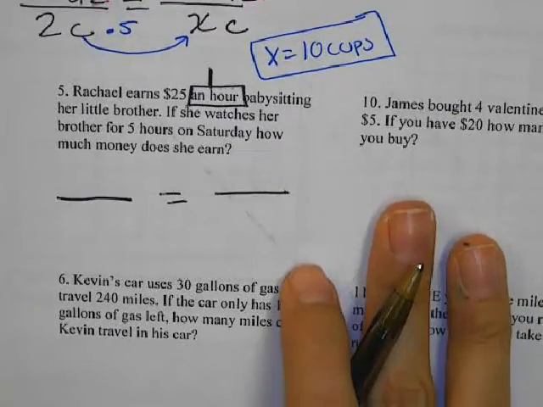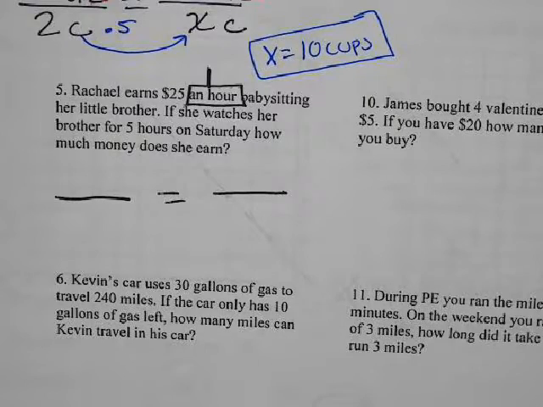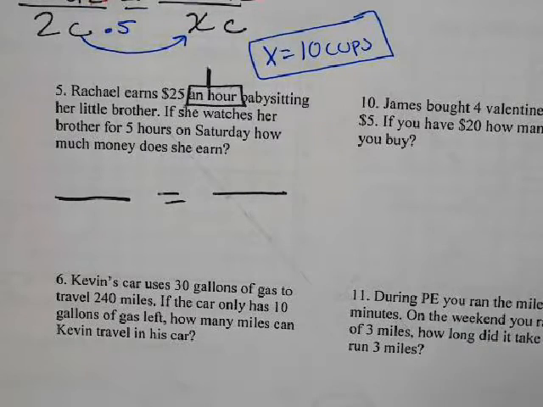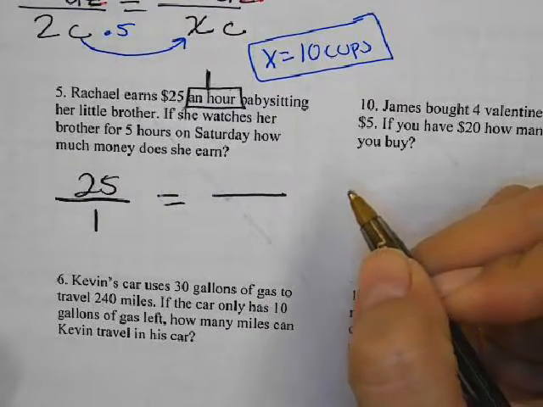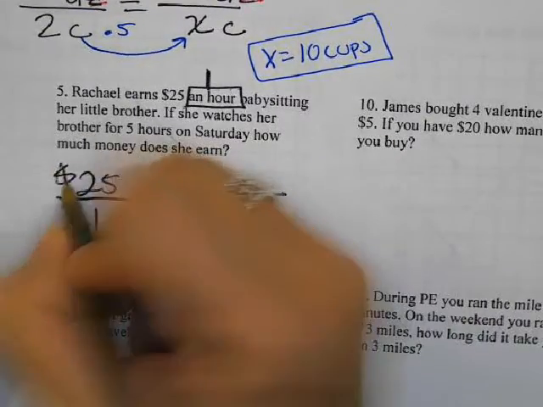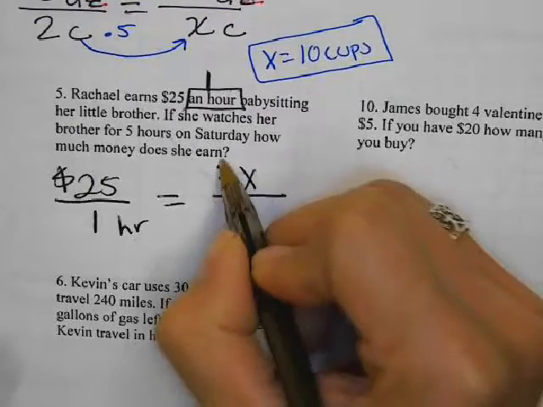Okay, who wants to give me the proportion for number 5? 25 over 1. What does the 25 stand for? And what does the 1 stand for? All right. What goes up here? And what goes on the bottom?